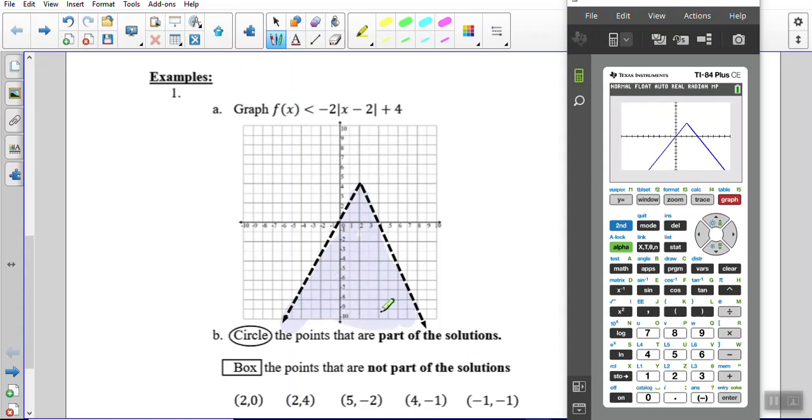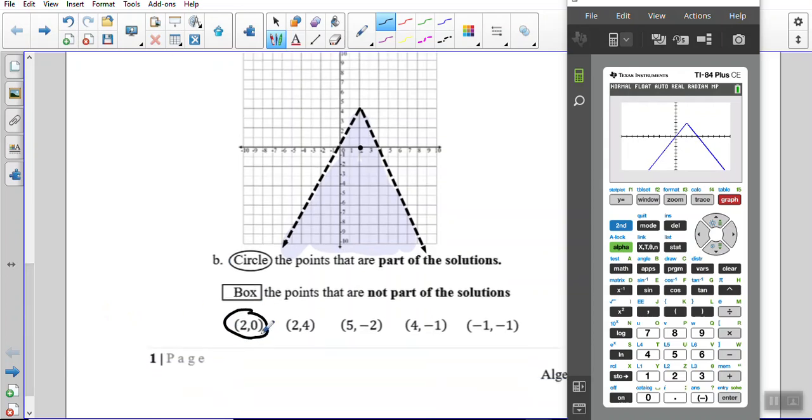So we have the coordinate 2, 0, this one. You see how it's in the shaded area? So I'm going to put a circle around it, or an oval, to show that it is part of the solution.